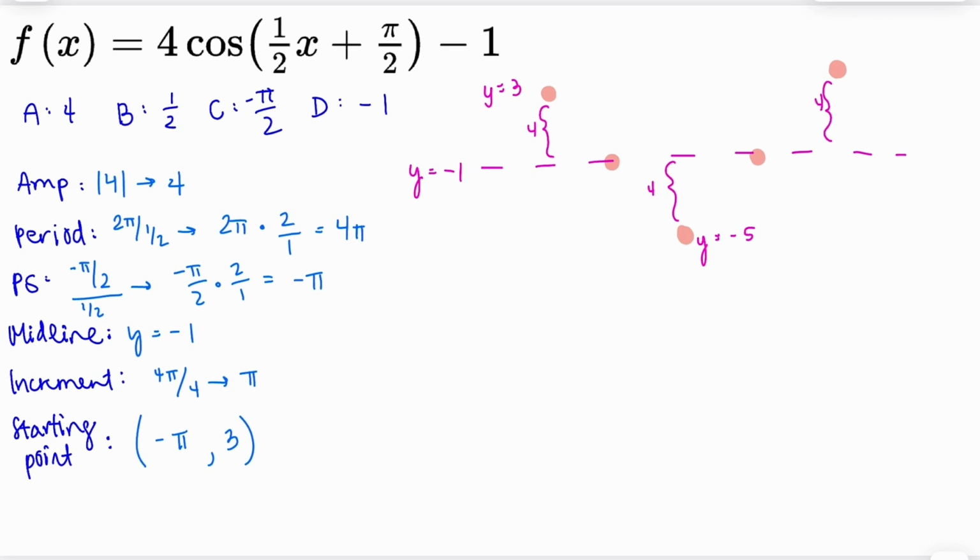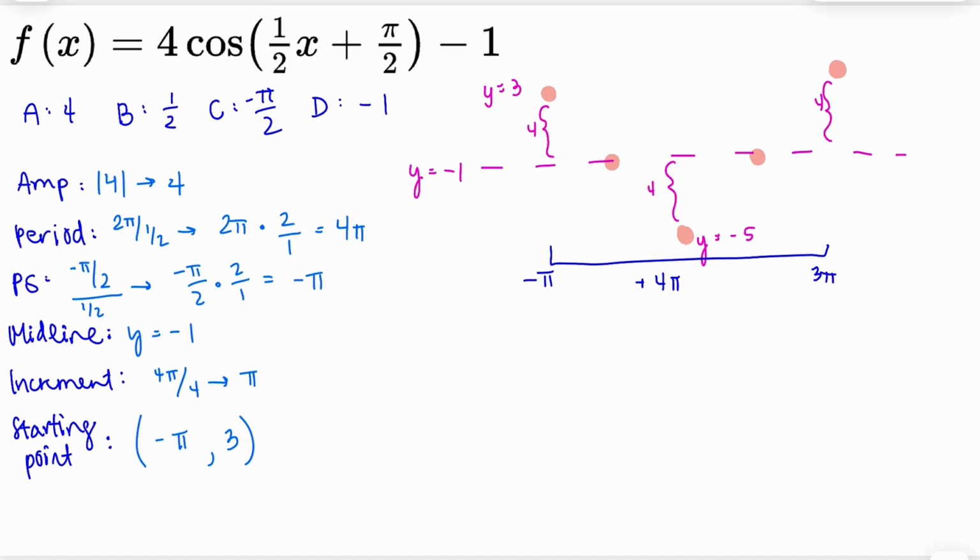Next, I want to think about my period. From start to finish, my period is what? 4 pi. But it had a phase shift. It starts at negative pi, so I'll do negative pi plus 4 pi, and it should end at 3 pi.